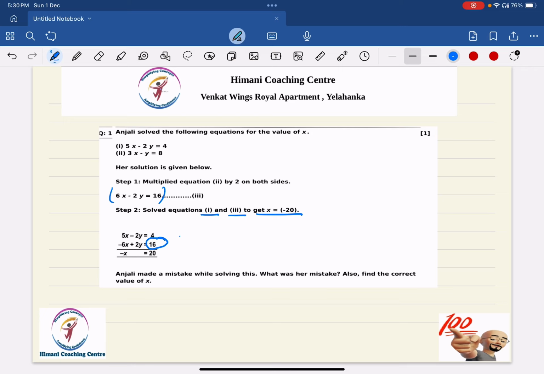So this is where you will show and say that the mistake is 16. Instead of 16 there should be minus 16 in the equation below. And once we do that, then what will happen? So this part is done, and let us now change it to minus 16. So minus x would be equal to minus 12, and hence x is equal to 12.